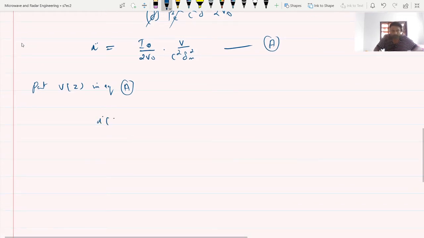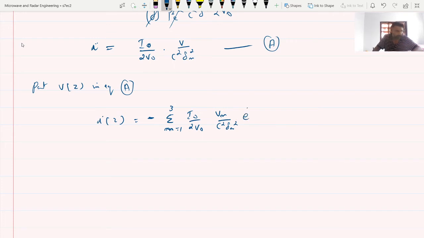So you have I of Z is nothing but, I have put minus sign here because this is in the minus z direction, sigma n equal to 1 to 3 I naught by 2 V naught, Vn by C square delta n square e raised to minus gamma n into Z. Call it as equation B. This minus sign is in minus Z direction, I just put that one.